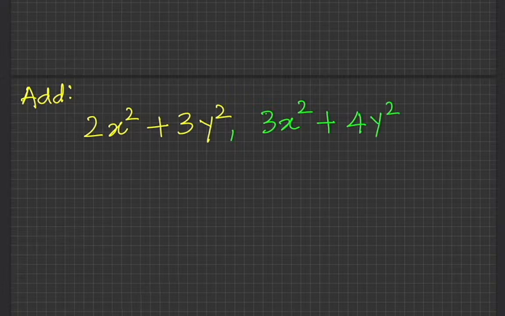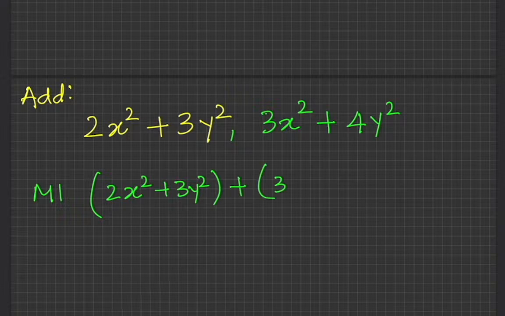There are two methods to this. Method one is your horizontal method, so it will be 2x squared plus 3y squared, and I can just represent it like this, because I'm adding it.